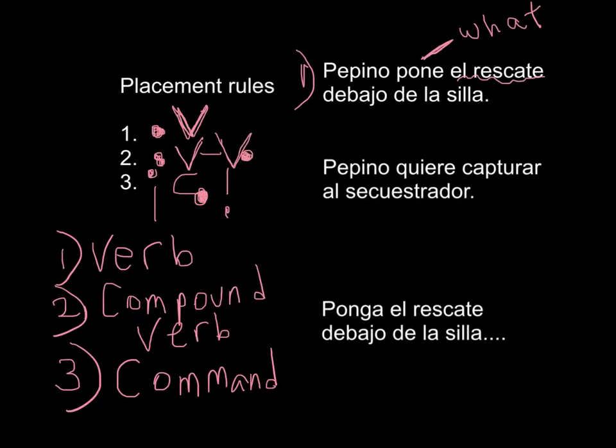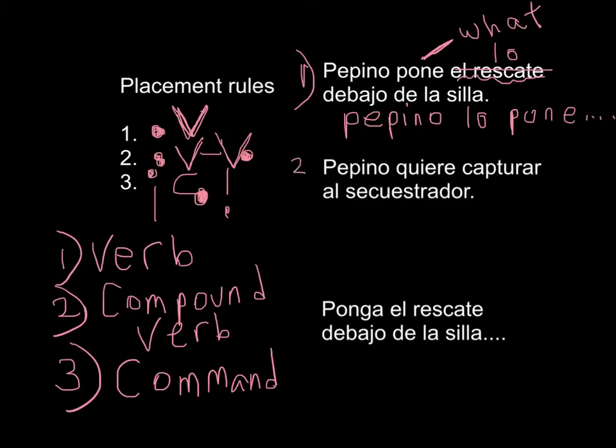So I would take el rescate out of the sentence and change it to lo. And then I could rewrite the sentence placing lo, in this case, in front of the simple verb. So I would end up with Pepino lo, and then the pone verb, and the rest of my sentence, debajo de la silla. That doesn't change, okay? That's just a prepositional phrase.